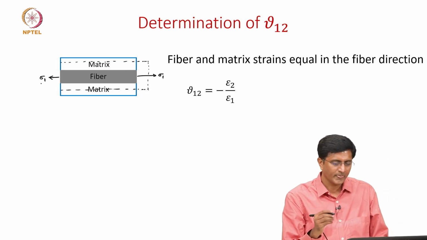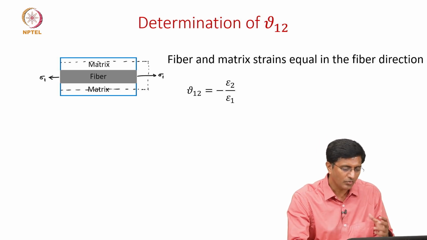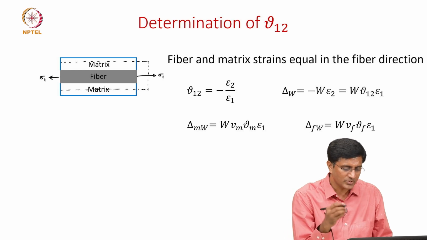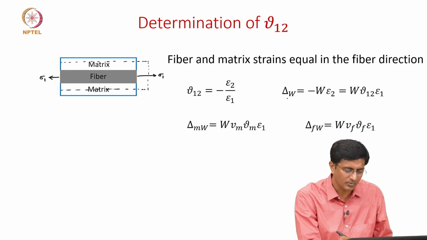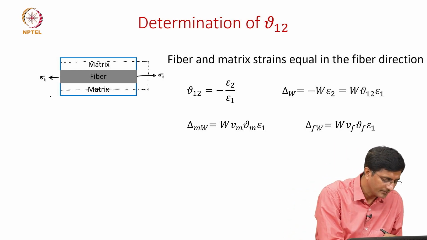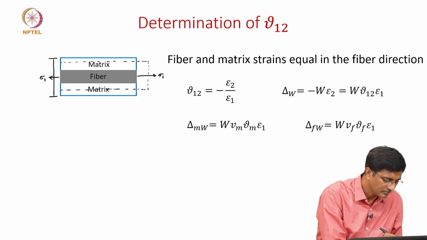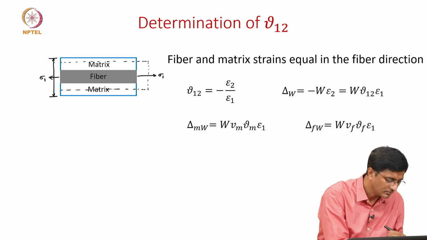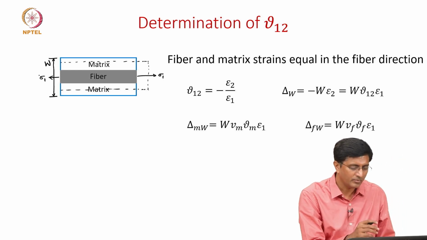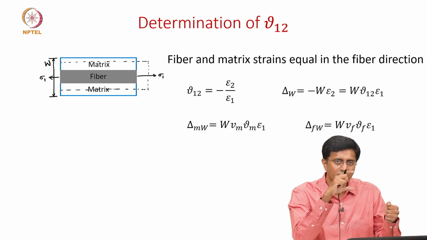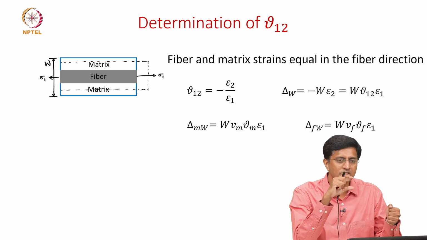Okay. So now let's see how we can derive this Poisson ratio nu 1 2. First we look at this delta W, meaning that we say the total width is W, and because you are applying the load in direction 1 and there is a Poisson effect, the transverse dimensions reduce.